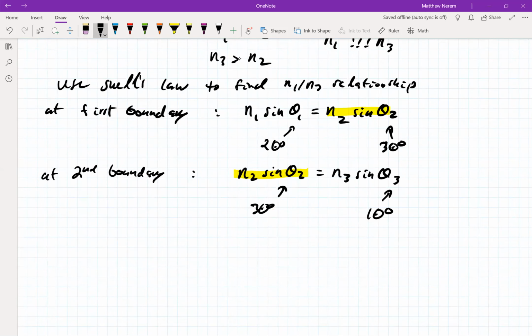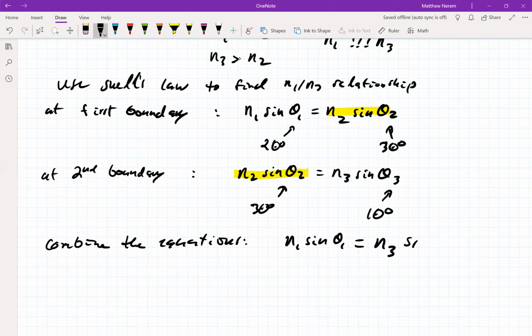So just combine the equations. And we'll find that n1 sine theta 1 is equal to n3 sine theta 3. So it's as if there is no second boundary. It's just as if there's a refracted ray going from 1 directly to 3. And then we can use our previous tricks.